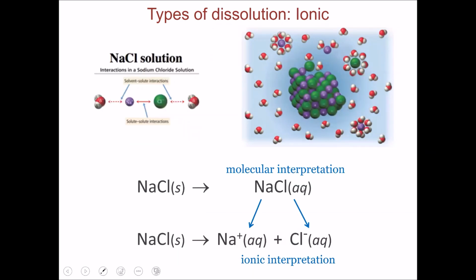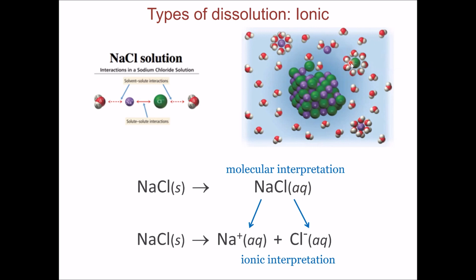On the other hand, when you dissolve an ionic compound, the solvent molecules will start dissociating the ions from each other. So the different positive and negative ions will be moving independently from each other. So the molecular description in this case is not very informative because it does not tell us the fact that the positive ions are independent from the negative ion.